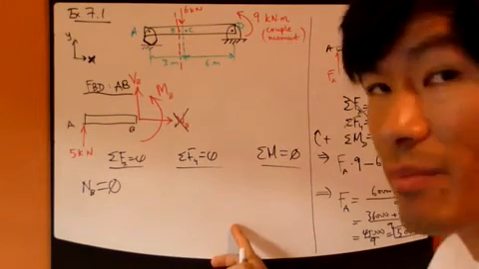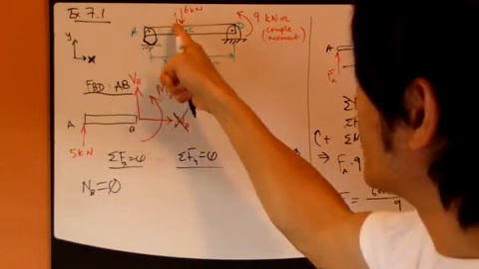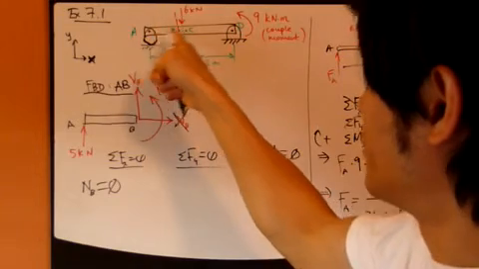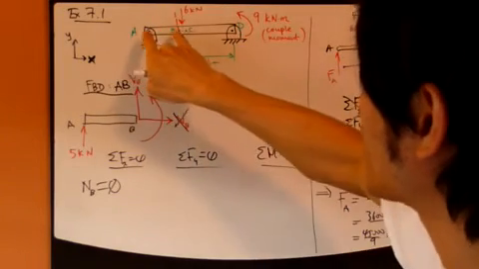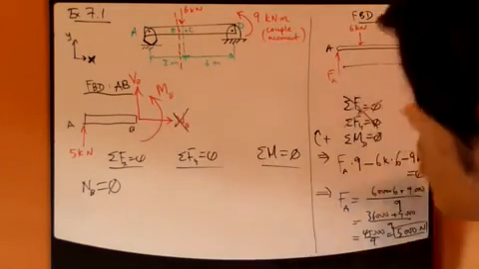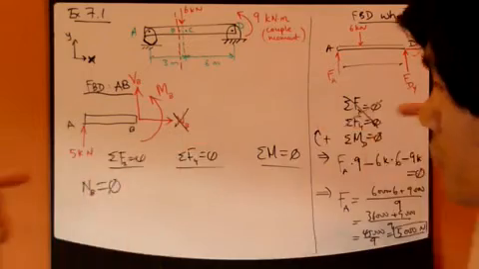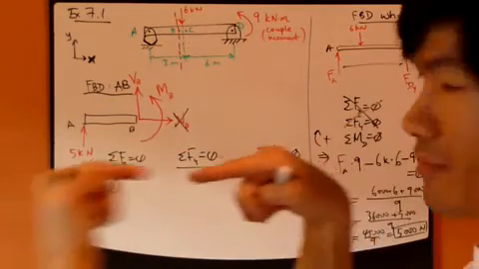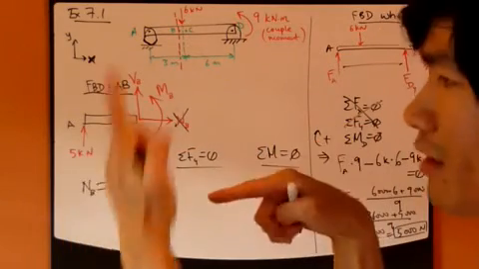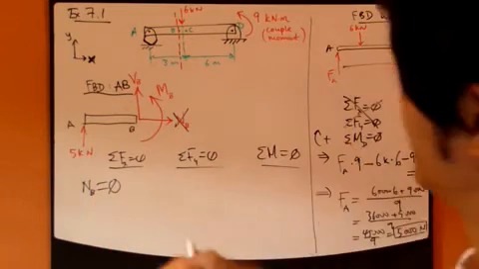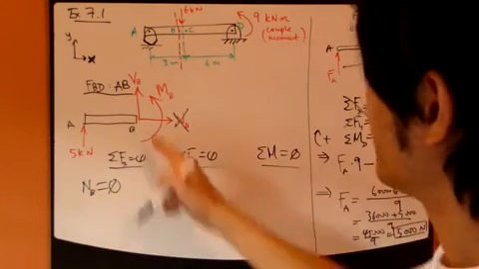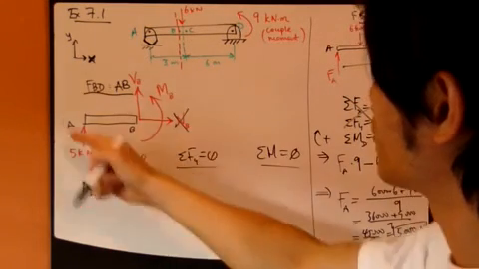That means that anywhere inside this member, at least in this section, there's no axial or normal resistance. So everything is up and down. So apply this equation to this free body diagram.